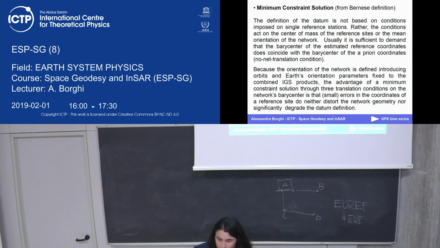Usually you have a network of more than 4 stations. So in this network, you have to introduce different reference stations, stations that belong to the reference frame. And in this case, in the computation, you don't fix the coordinates of these stations, but you use a weight for these coordinates.